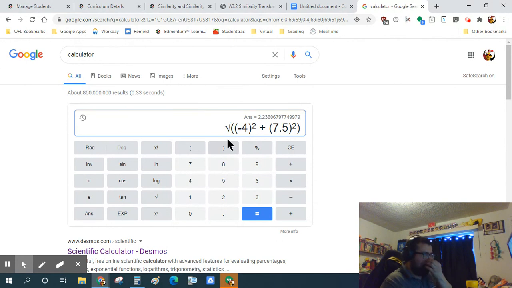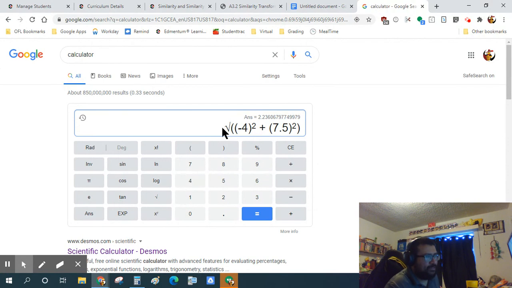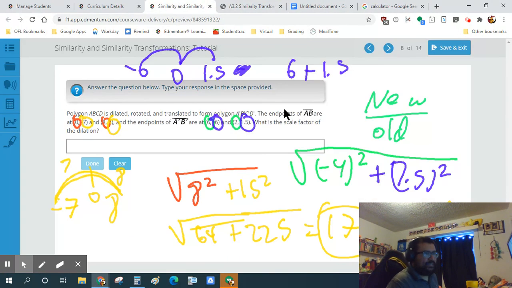The first set of parentheses is for the square root. The second set is just to make sure that I'm squaring the negative. The other set is just out of force of habit. I like putting parentheses when I'm squaring stuff. Then I'm going to close the square root. Here we get 8.5, so this length should end up being 8.5.